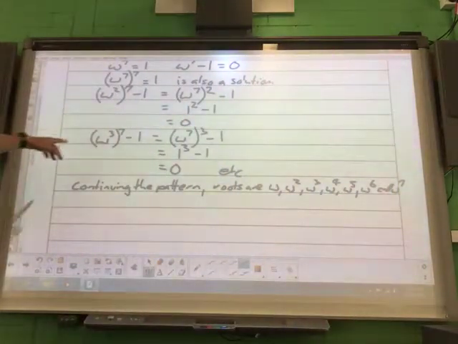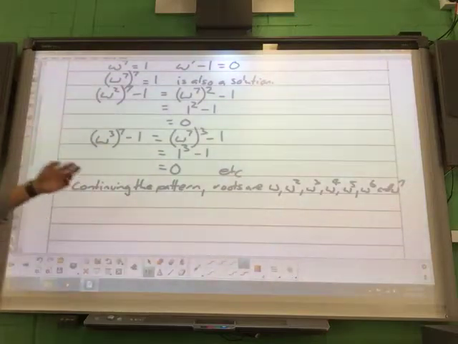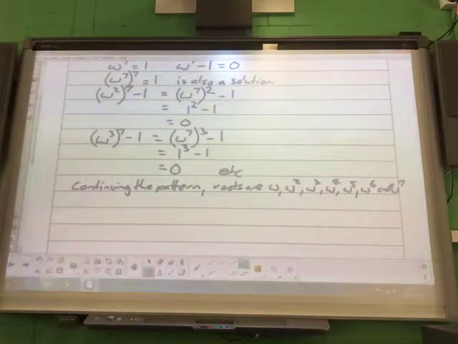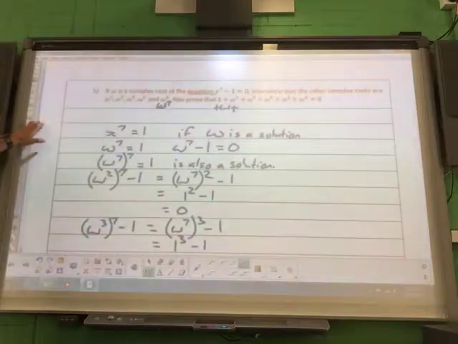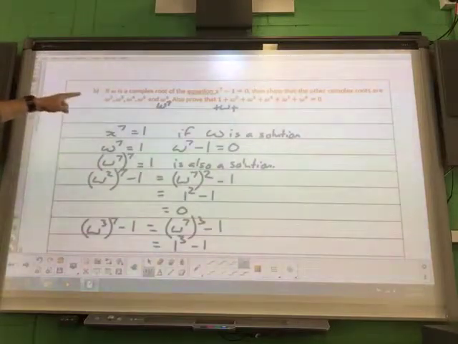Just go omega to the power of 4, omega to the power of 5, omega to the power of 6, with the same setup, and it will always equal 1. They're also the complex roots. So we've shown the other roots.